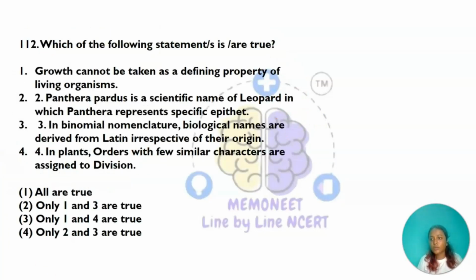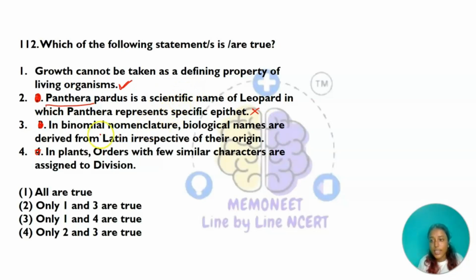So let's move on to the next one, which is: which of the following statements is or are true? Growth cannot be taken as a defining property of living organisms, which is true. Panthera pardus is the scientific name of leopard, where Panthera represents the specific epithet, which is not true.